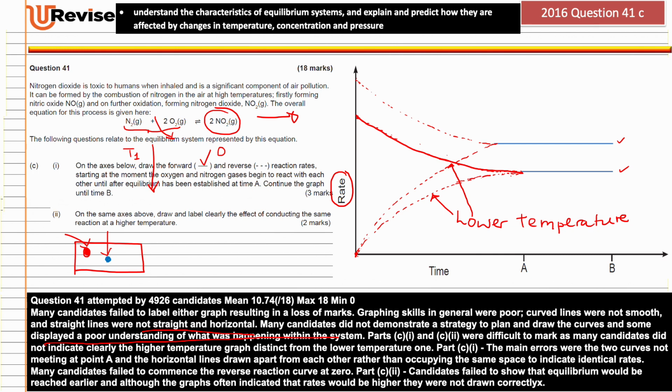You can see here equilibrium is established at A. For this one, equilibrium is established somewhere before A, to show that it's a higher temperature. And then I am going to draw a solid line. This was easy, right? So I'm going to label this higher temperature.